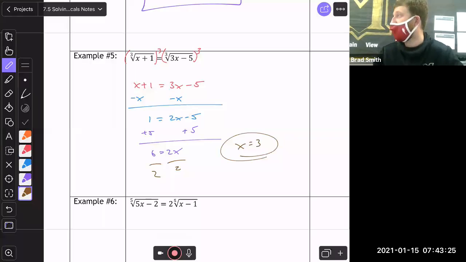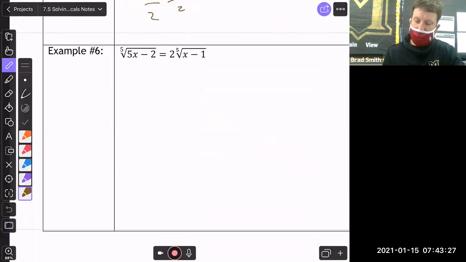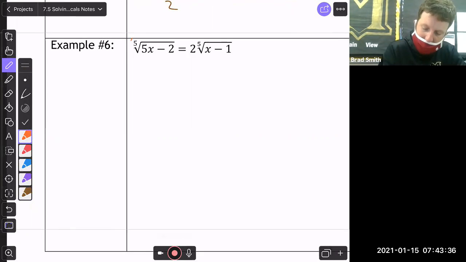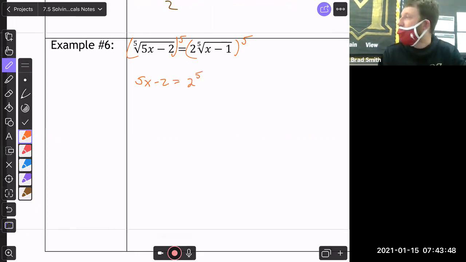It's just the index. All right, the last one's got the 5th root, just to show you something different. It's odd, so I don't need to check it. When I solve this, the left side's already solved, so I'm going to raise both sides to the 5th power. And watch what happens here. So 5x minus 2. The 2's on the outside, so it's going to get the 5th power.